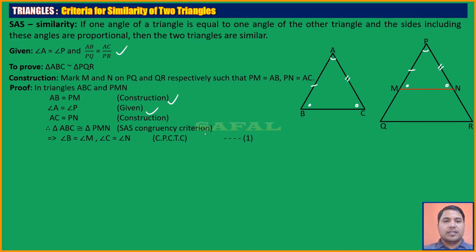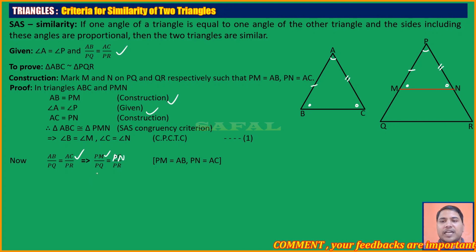Okay. Now it is given to us that AB by PQ is the same as AC by PR. So this information was given. Now since AB equals PM, I am replacing AB by PM, and AC I am replacing by what? PN. So here I'll write PN. Okay.